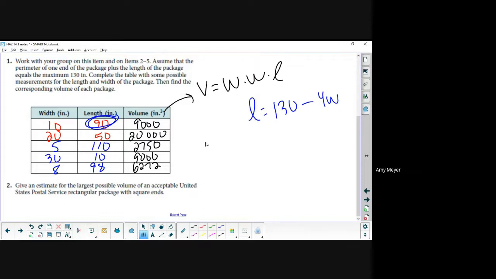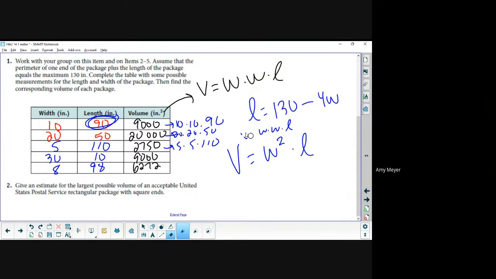So to find this volume, I did 10 times 10 times 90. This one I did 20 times 20 times 50. 5 times 5 times 110. There's a pattern there. To find the volume, I take the width times the width times the length. You could have written W times L if you want.